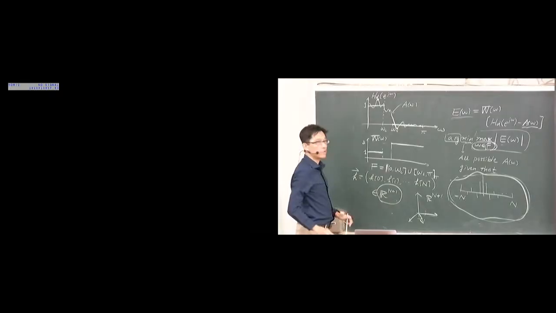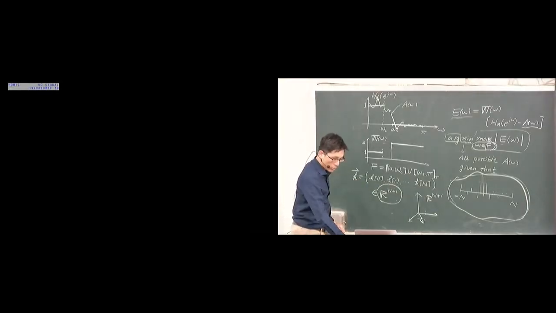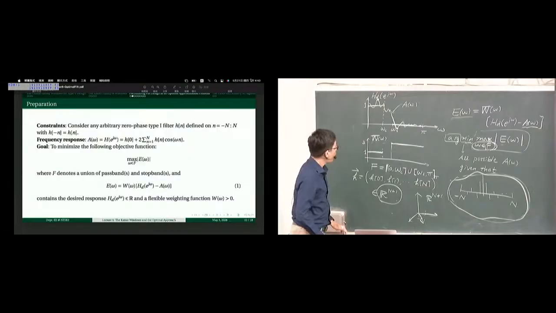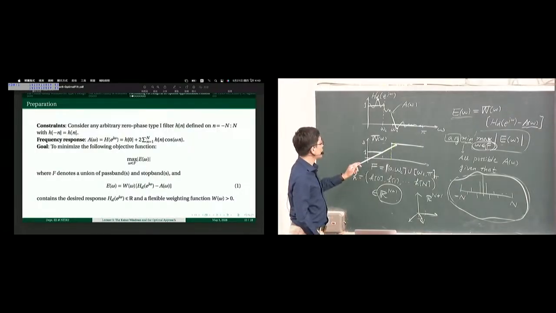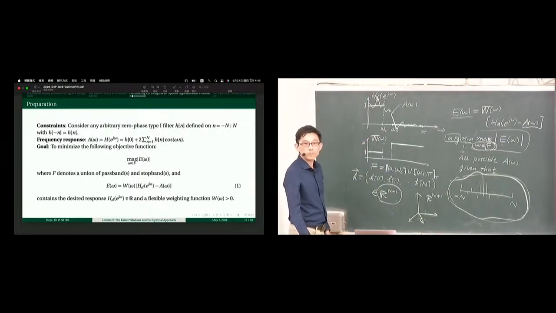So F is the union of pass band and stop band. We consider only pass band and stop band. So now with this definition, can you tell me where the absolute value of E reaches its maximum within this frequency range plus that frequency range? Is it here or here?